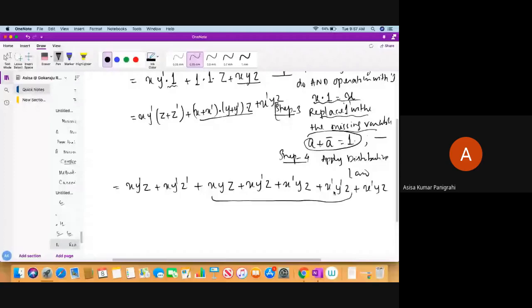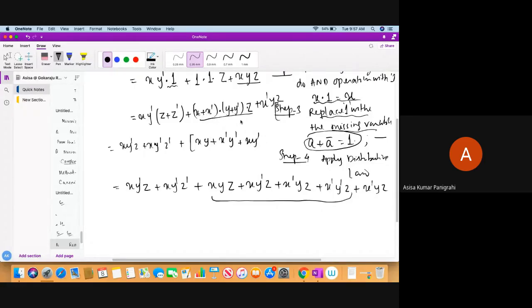If you want, you can do one more step over here. You can perform it like this. You keep it as it is, X, Y bar, Z, X, Y bar, Z bar. And here you can make it like this, XY or X bar, Y bar, plus you can make it like XY bar and X bar Y, X Y, X Y bar.